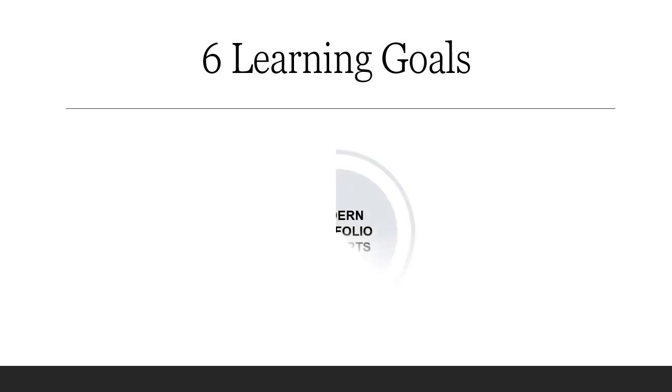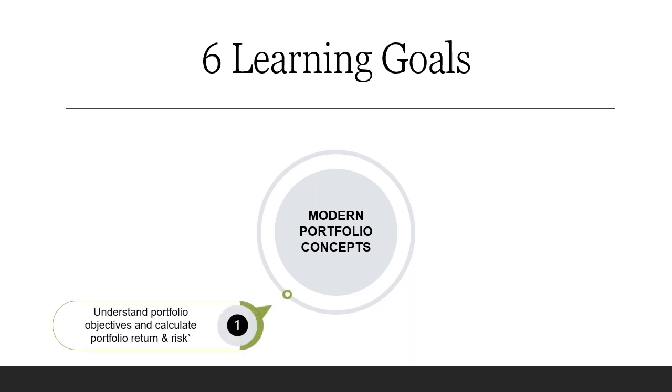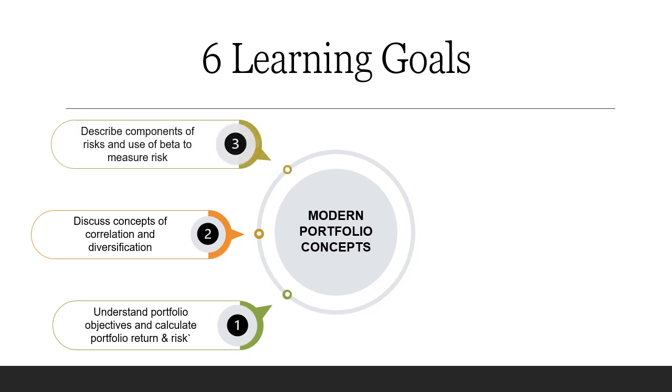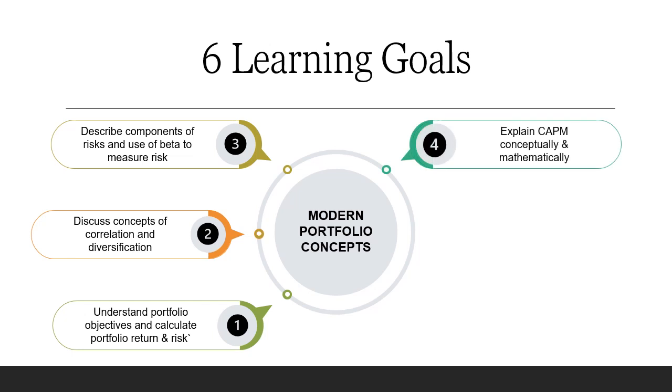The previous 4 goals that you have learned should enable you to calculate portfolio return, measure portfolio risk using standard deviation and beta, find correlation between two assets and understand the concept of diversification, describe components of risk that includes diversifiable and undiversifiable risk, and finally, be capable of explaining the conceptual and mathematical aspects of capital asset pricing model (CAPM), which involve beta, risk-free, and risk premium components that enables you to plot security market line graphically.